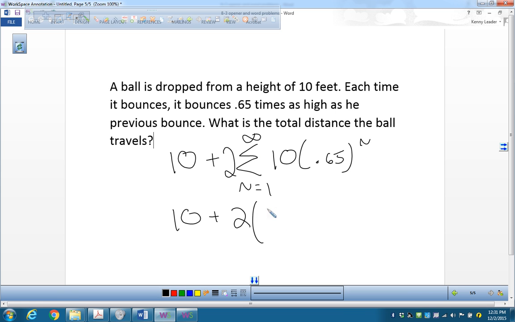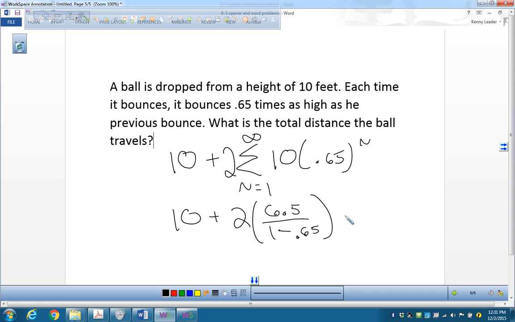So then a sub 1, what's a sub 1 in this case? What would be my first term? What's 10 times 0.65? It's 6.5. That's a sub 1, right? Over 1 minus r. What's r in this case? What am I multiplying by each time? 0.65, right?